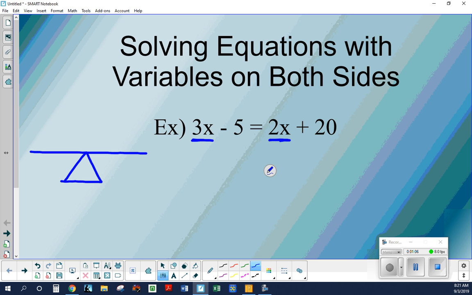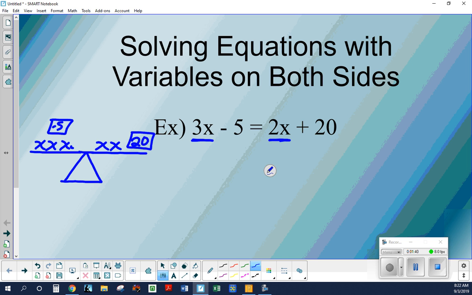If I use this as an example, just talking about the x's, I have 3 unknown values of x on the left side, plus a negative 5 value. On the right side of the scale, I have 2 x values plus a large 20 weight. If we think of this as weights, we have a negative 5 weight and a 20 weight.